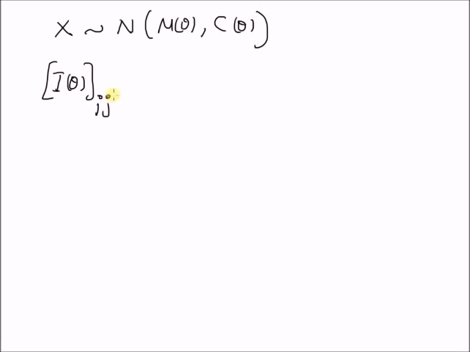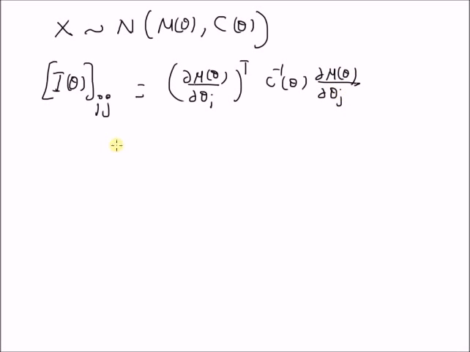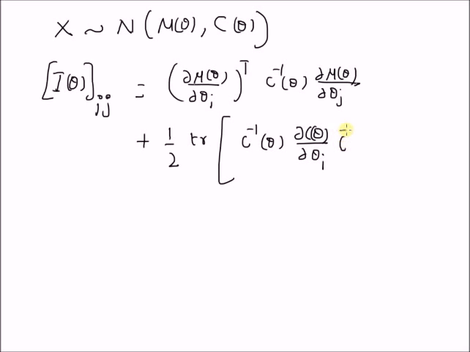matrix I, that is, the element in the ith row and jth column, is given by the transpose of the derivative of the mean vector with respect to the ith component, multiplied by the inverse of the covariance matrix, multiplied by the derivative of the mean vector with respect to the jth component, plus 1 by 2 multiplied by the trace of the following product: C inverse of theta, that is, the inverse of the covariance matrix, multiplied by the derivative of the covariance matrix with respect to theta i, that is, the ith derivative of the covariance matrix, and then multiplied by the inverse of the covariance matrix, and finally the derivative of the covariance matrix with respect to the jth component.